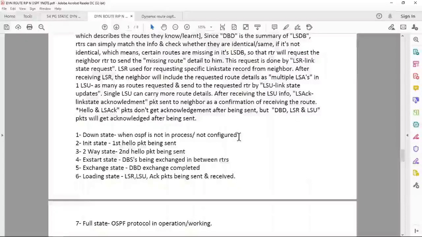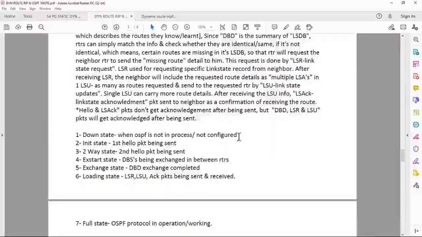Then the routers go to init state, which means one of the routers sends a hello packet to the other router, the connected neighbor, kind of saying hello. The hello packet includes the area ID, hello interval, dead interval, MTU, stub flag, everything.